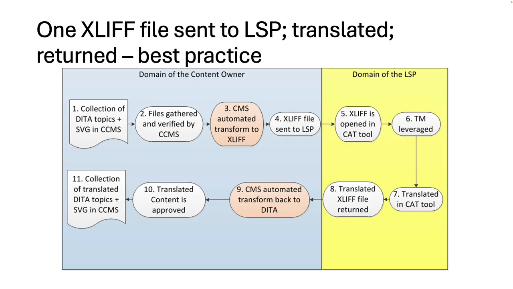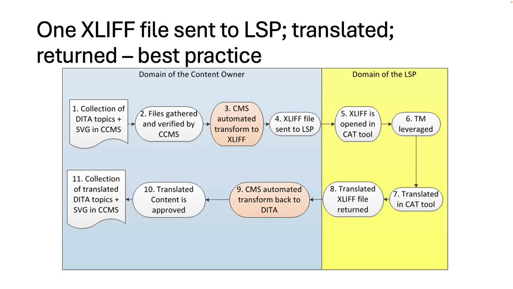The component content management system, step 3 there, automates the transform into XLIF, and then the XLIF file, single file, is sent to the localization service provider. The localization service provider simply opens it in a CAT tool, and we'll show an example of that later in this recording. Actually, it'll be a separate recording, but we'll show an example of that.